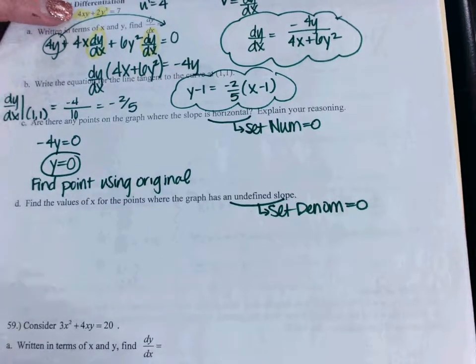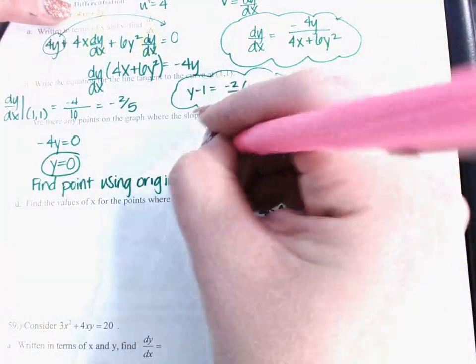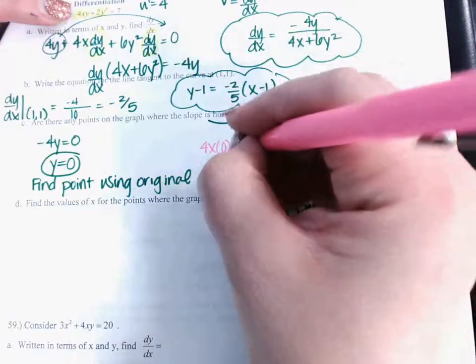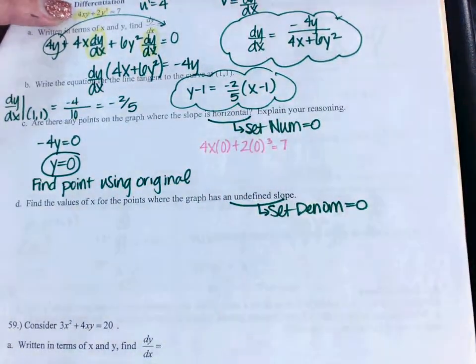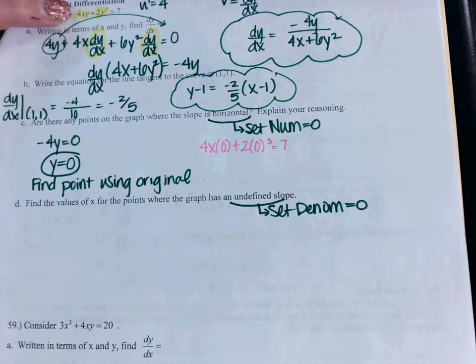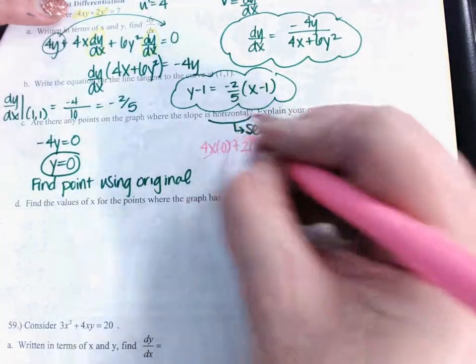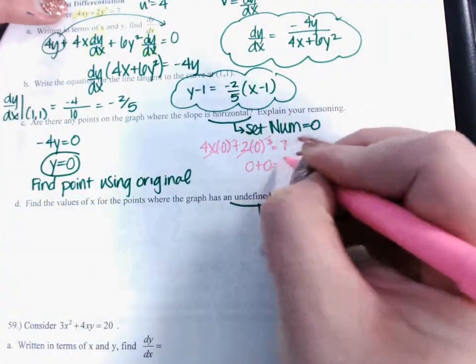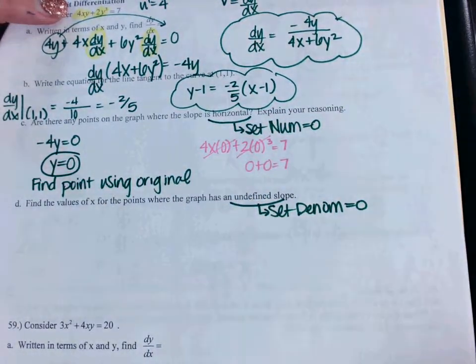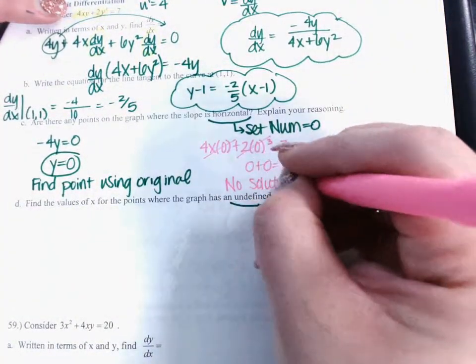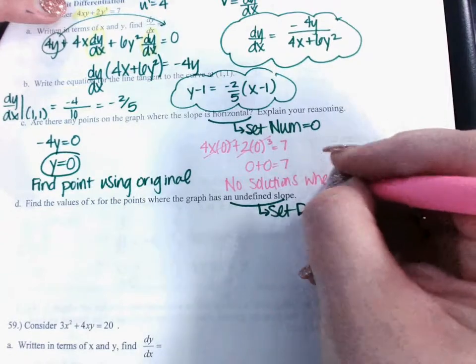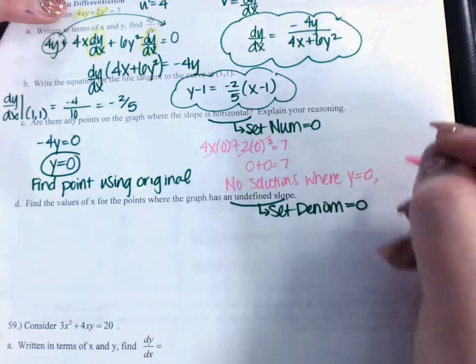So I'd have 4x times 0 plus 2 times 0 cubed equals 7. Well, can I solve that for x if x is multiplied by 0? No, you get 0 plus 0 equals 7. Is that going to have any solutions? Okay, so there are no solutions where y is 0.